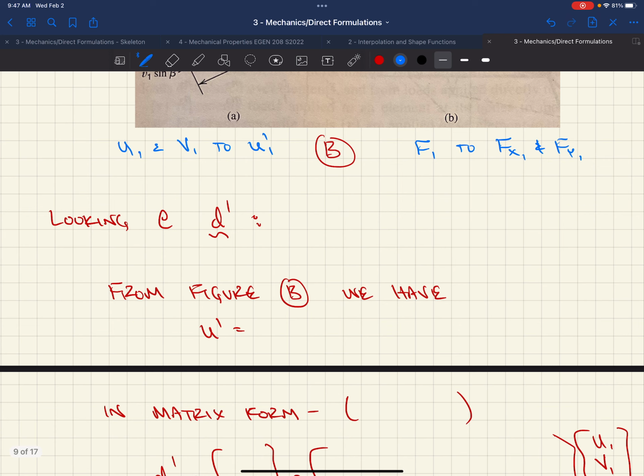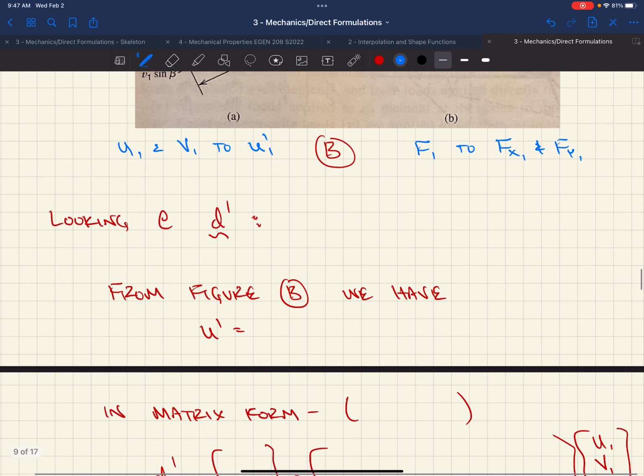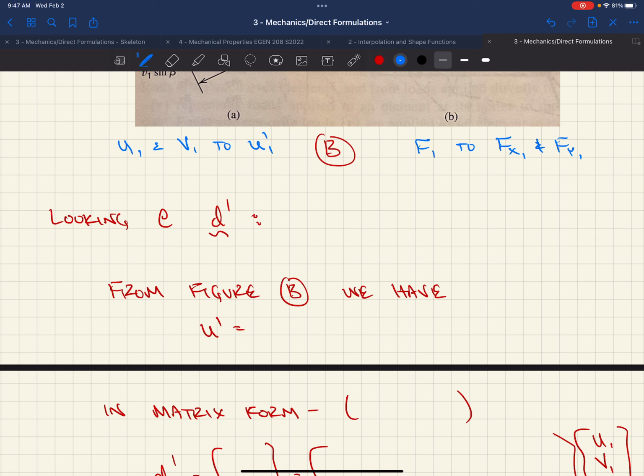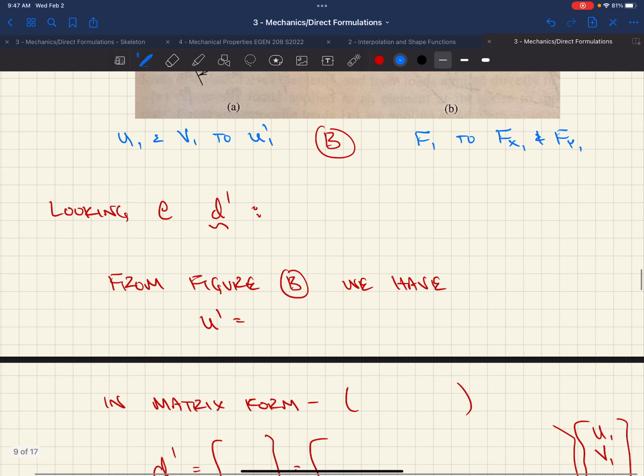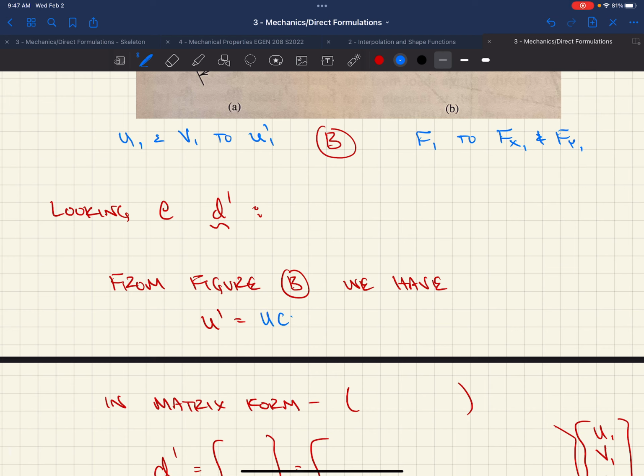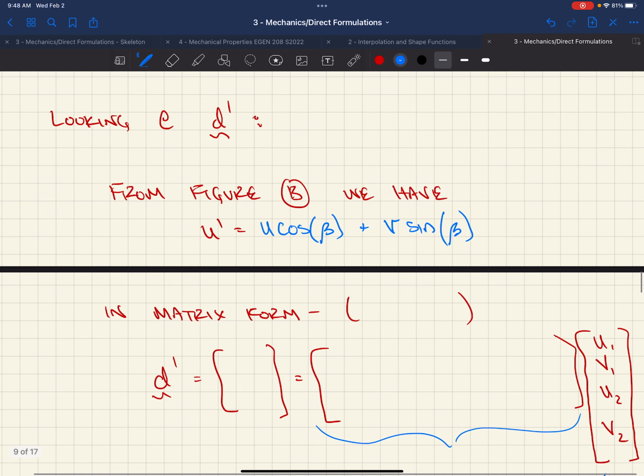So if we look at d prime, and we're going to relate our local deformation u prime, we would get this equation that they show up there as u cosine of beta plus v sine of beta. And if we take each of those and put that into matrix form with respect to u1 prime and u2 prime, each one of those is going to have a u cosine and a v sine.